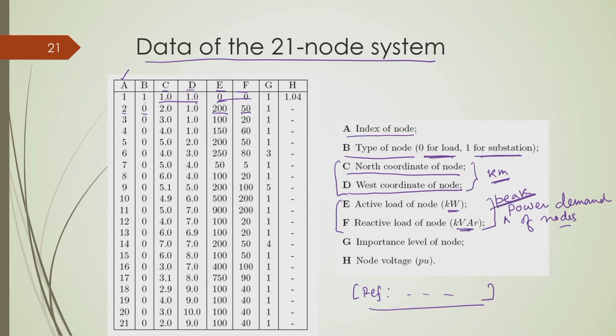So, as I mentioned in module 2, we always design a network by considering peak load demand, so that whatever network we get after executing this optimization problem should be capable of supplying this peak load demand.